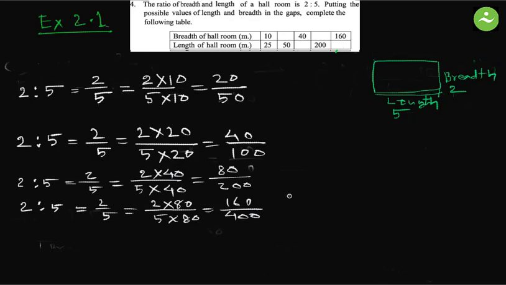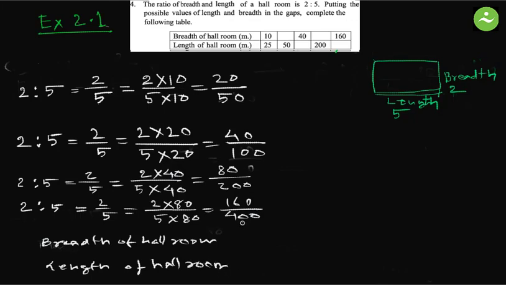You have to draw a box like this one here. So let us draw breadth of hall room. And here length of hall room. The first quantity was 10 and 25.